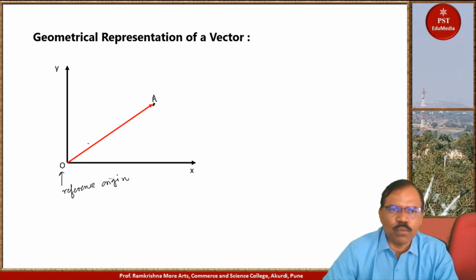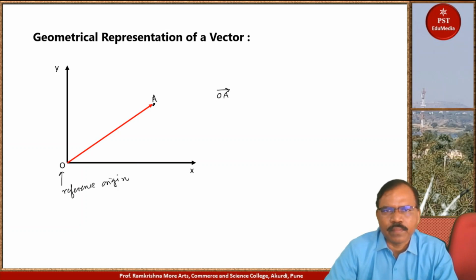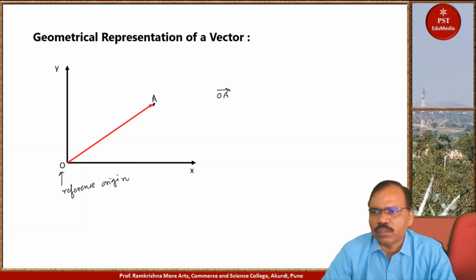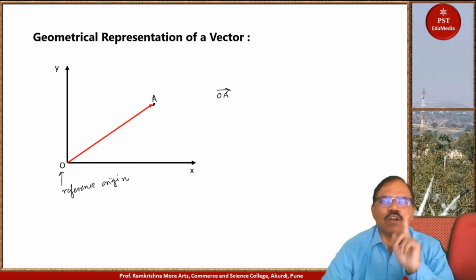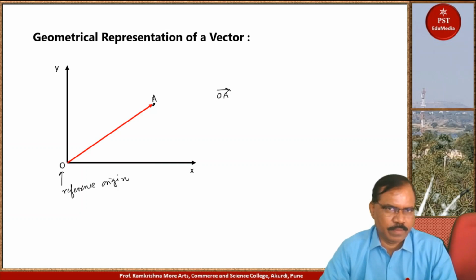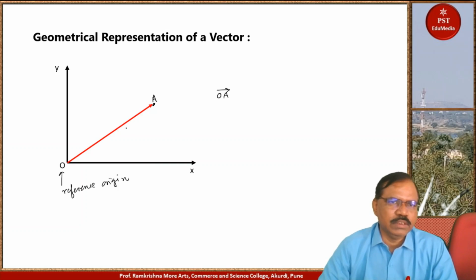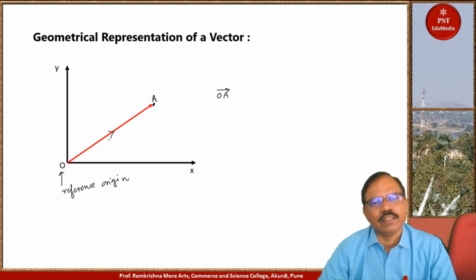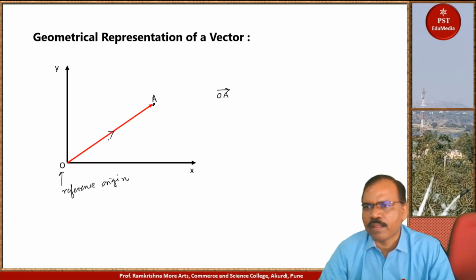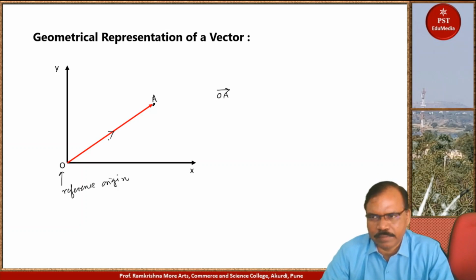Then the vector OA is called the position vector of the point A. This is the direction of vector OA. So this is called a position vector.